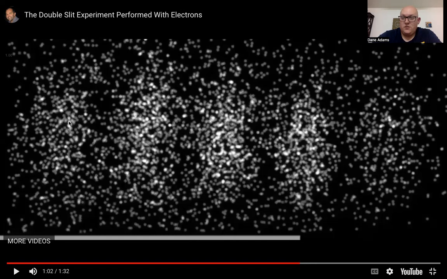It interferes, just like a photon does. A single electron fired at a double slit will pass through both slits at the same time, will interfere with itself, and then will land in a place that corresponds to constructive interference, but will generally avoid an area of destructive interference.